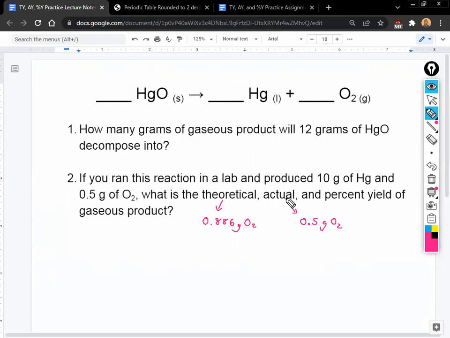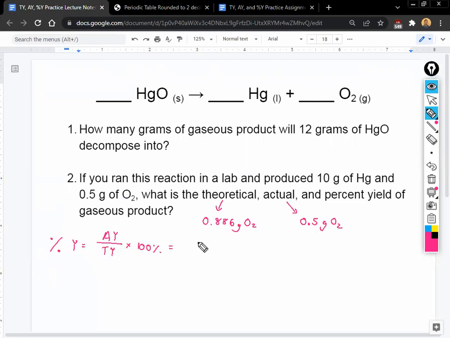Okay, so we got our TY, we got our AY, and when you do the lab next time I see you guys, it's just whatever you make in the lab. And then the percent Y is very simple. The formula for percent Y is AY divided by TY times 100%. Okay, so we just need to plug it into this equation.